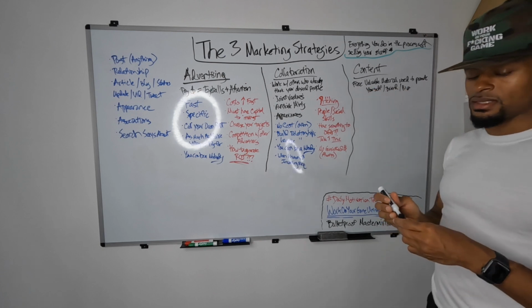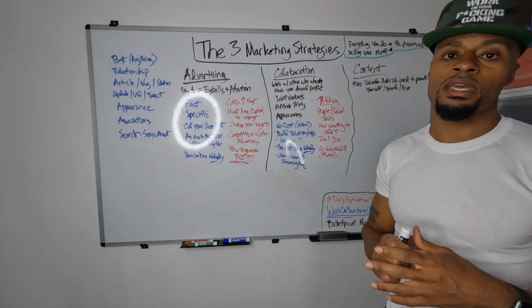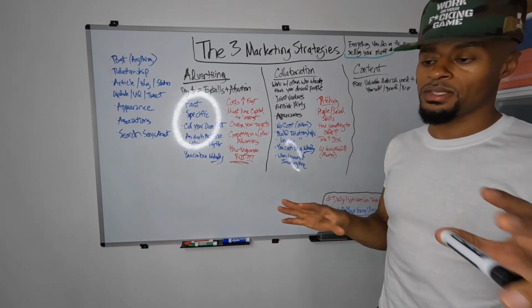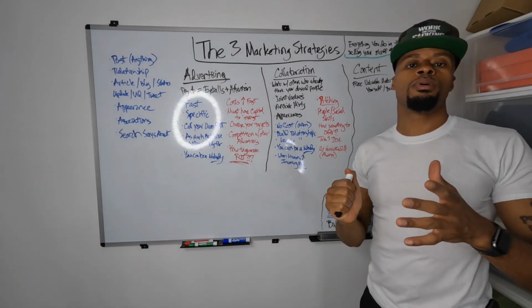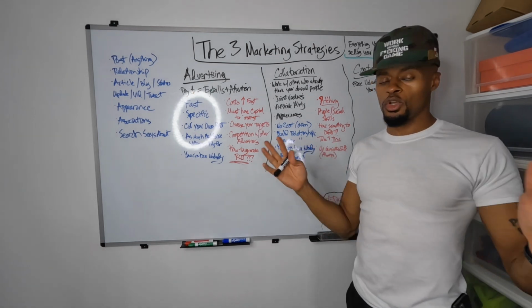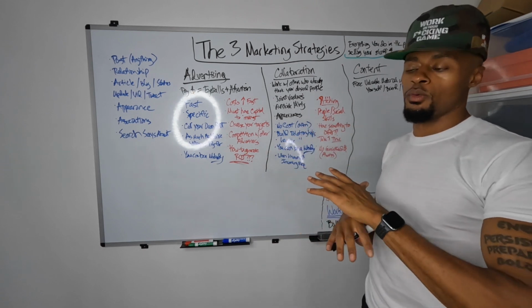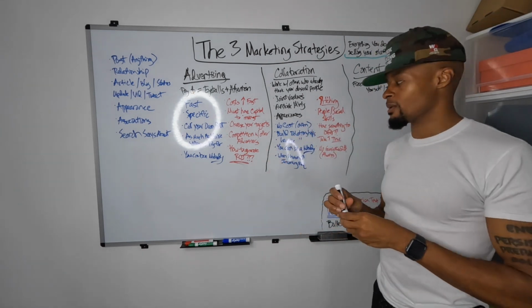That's what content is. So content is, you got a YouTube channel, that's content. You post on Facebook or Instagram, content. You post on any kind of social media, that is content. Anything you put out that's completely free of charge, just to show people how good you are, how smart you are, how pretty you are, or how high you jump, or whatever you want to show off, that is a form of content.